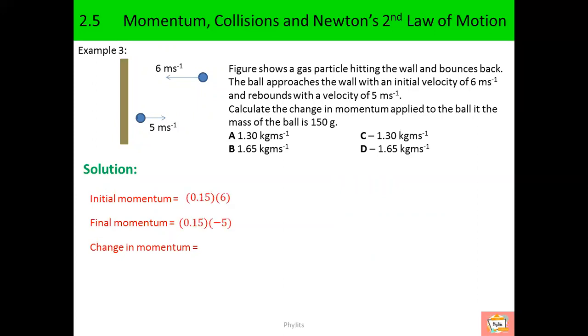So for initial momentum and final momentum, you have to use negative. There will be a change in the momentum. Basically the momentum becomes bigger because negative and negative become plus. That's why you need to know about the directions here, because of velocity.